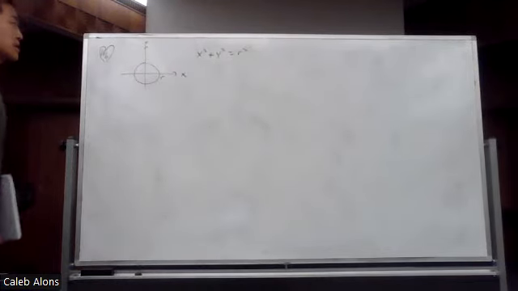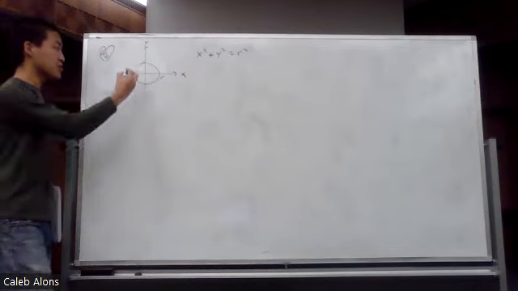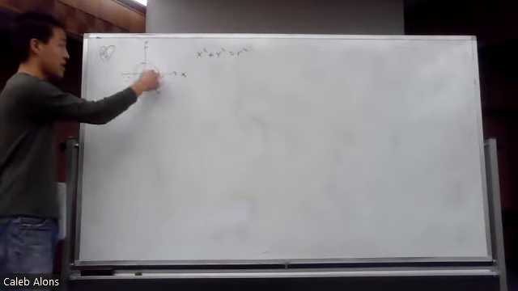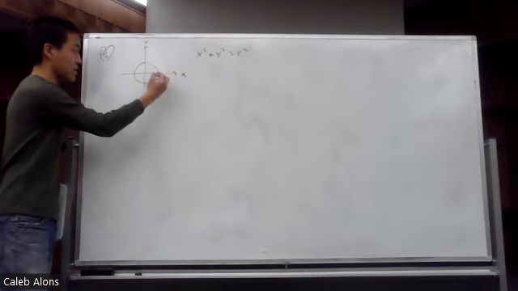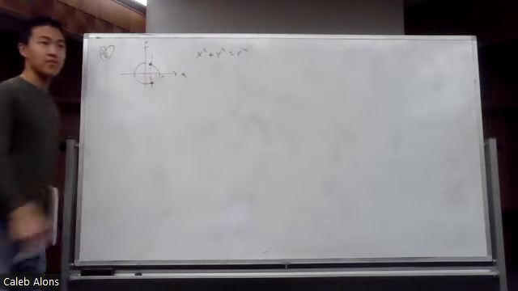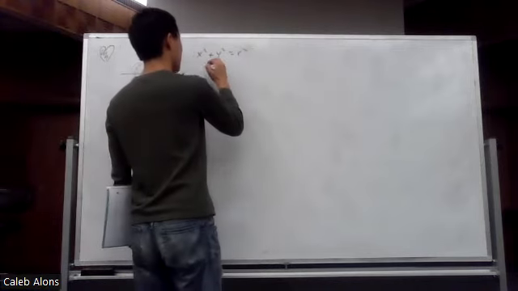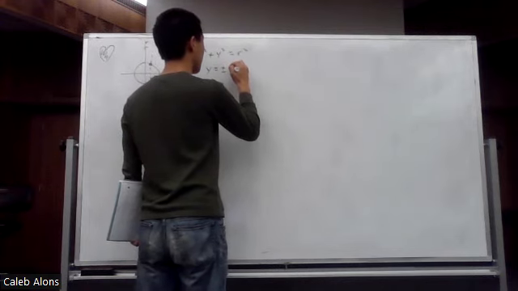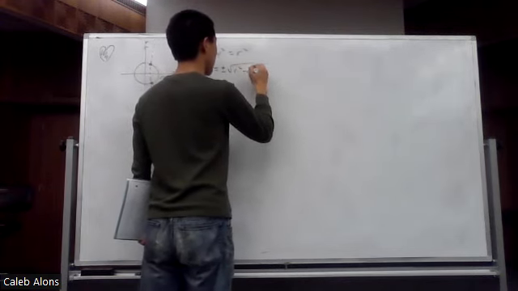Good? Now, the issue is, what if I actually want to describe the bounds of this? Now I have to start describing it as a function, and I have to split this up, because by the vertical line test it fails to be a function. And so what ends up happening is I say, okay, well, y is equal to plus or minus the square root of R squared minus x squared.